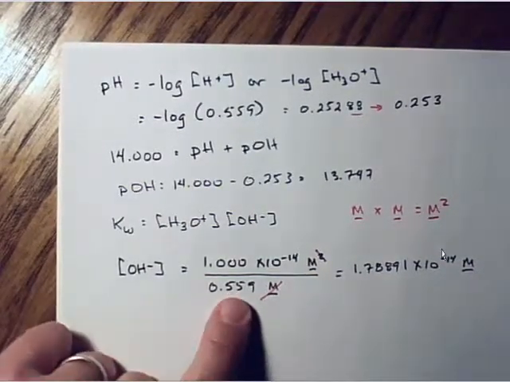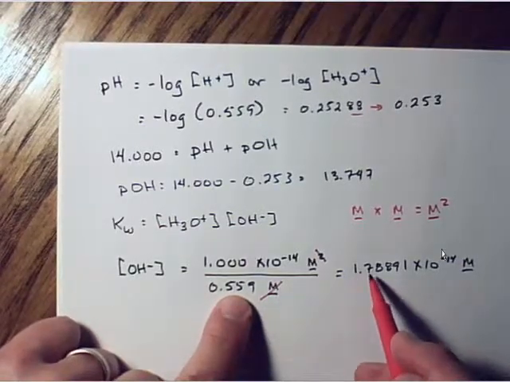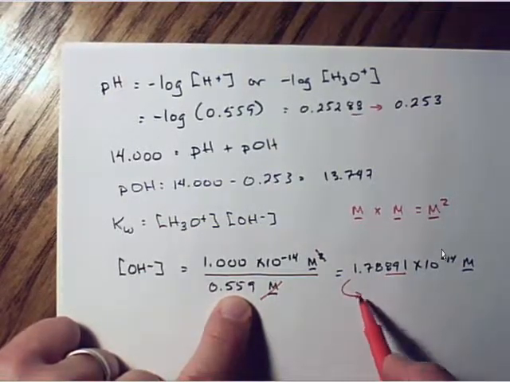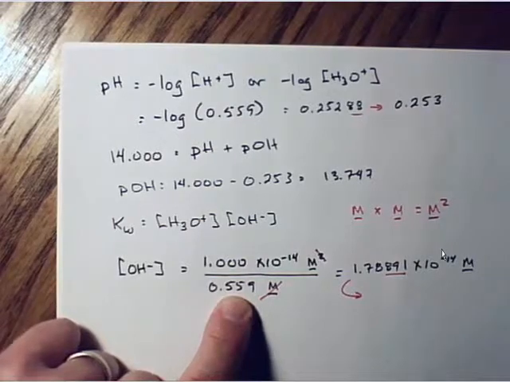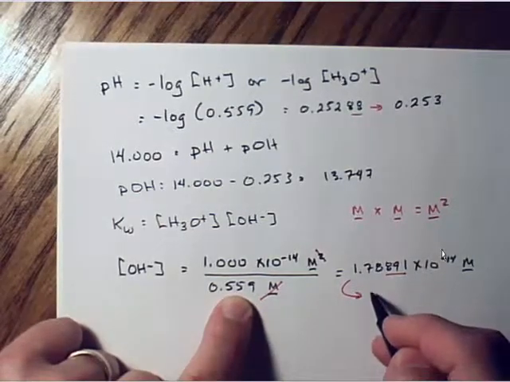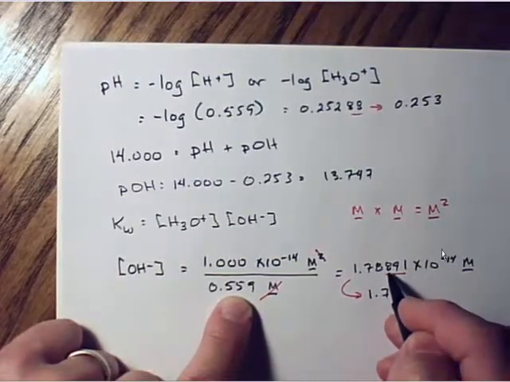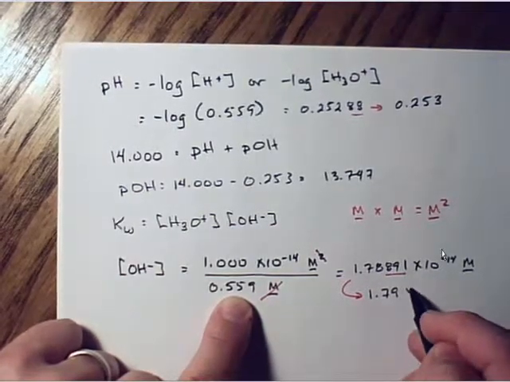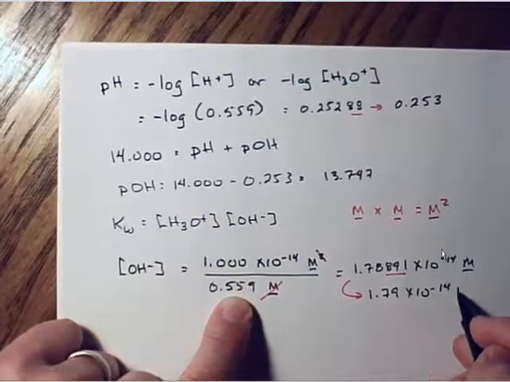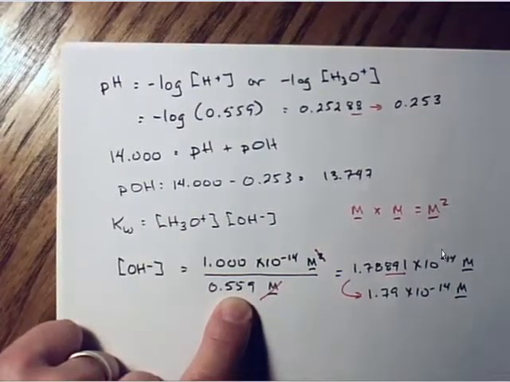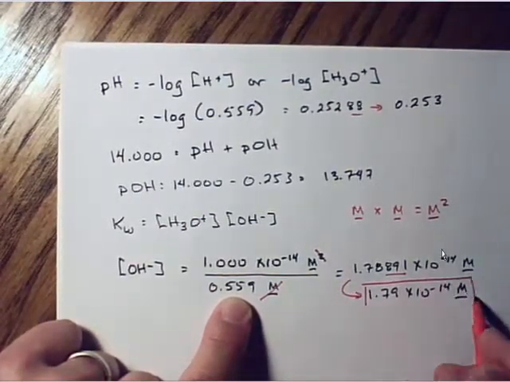I'm going to round it off to 3 digits because I have 3 digits here. 1, 2, 3, underline, use an arrow to show that we're rounding off. That's the only operator that's allowed to show rounding off. 1.7, the 8 makes this 8 round up to a 9 times 10 to the negative 14 molar. And that's the last of those 4 answers.